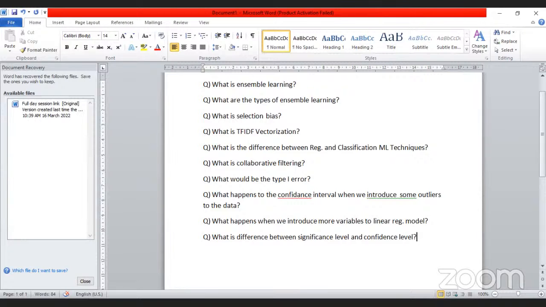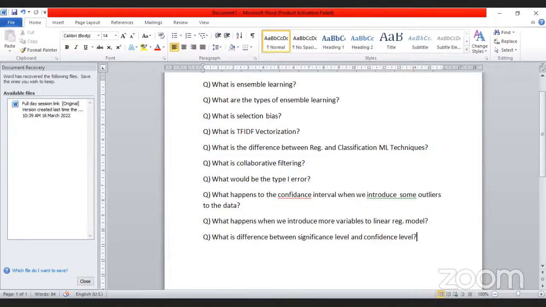Okay, then the significance level and the confidence level are complementary proportions of a normal distribution, right? So in simple terms, significance level is nothing but the probability of making the wrong decision by rejecting the null hypothesis. Okay, you might go wrong, and this much is the percentage of that, right? That is the significance level. And the confidence level is the range in which we are confident our future outcome, our future mean, will lie, right?